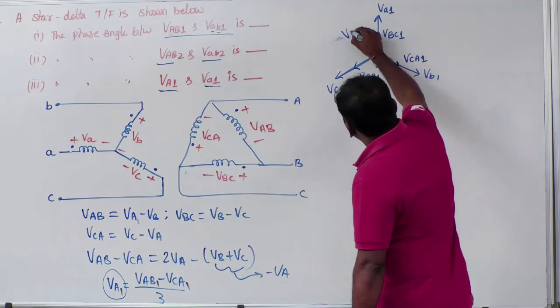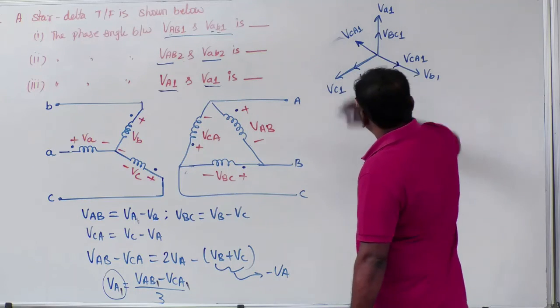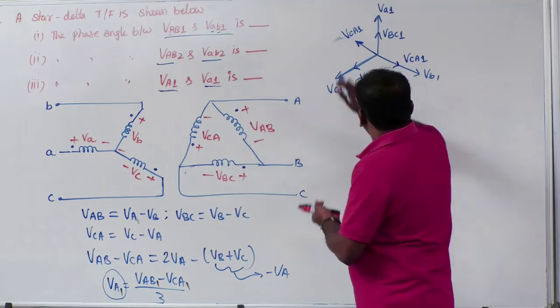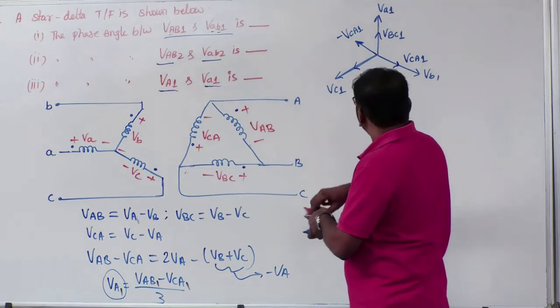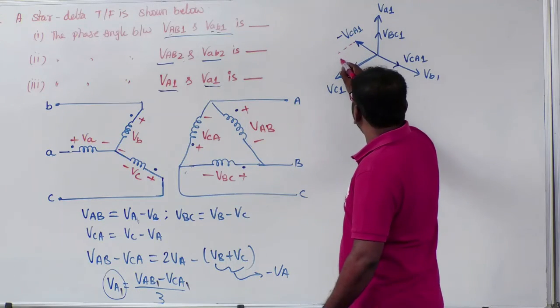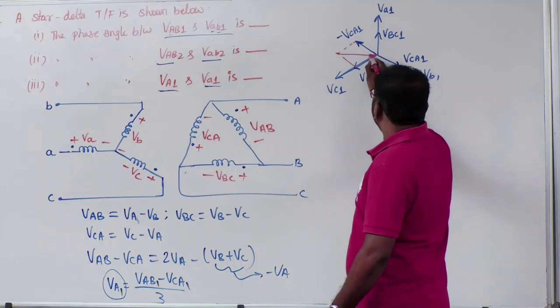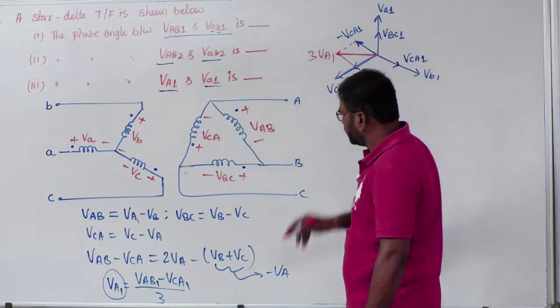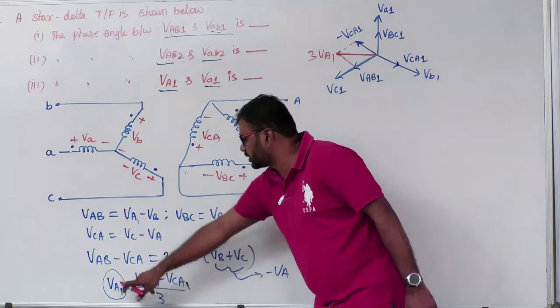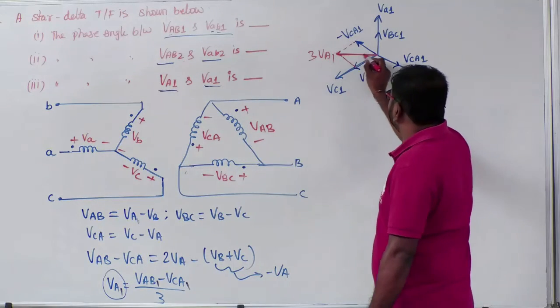This is VCA1, okay, but minus. Now if I add these two, the resultant is what? 3 times the VA1. Check sir, VAB1 minus VCA1 is what? 3 times the VA1. That means VA1 vector is here.